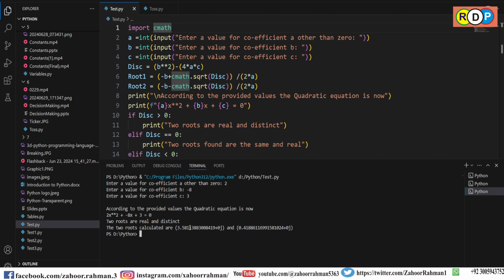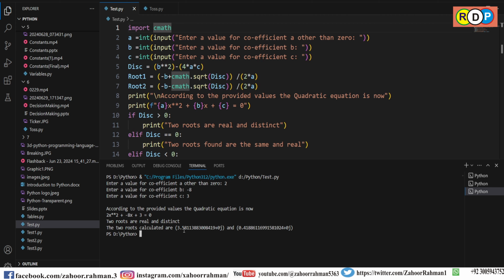There is 0 imaginary. J here in Python represents complex, and iota is the imaginary part. This is the real part and this is plus, and there is an imaginary part. Remember that complex numbers are of the form a plus iota b. Iota is the imaginary part. So in this case imaginary is 0, so there is no imaginary, and the two roots are 3.58 and 0.41.